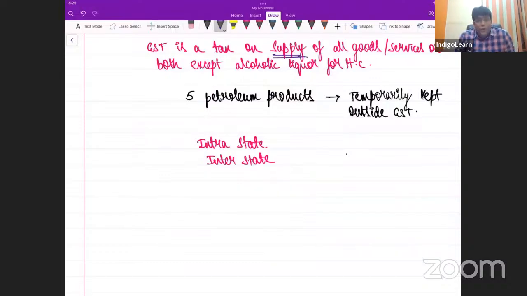So it is important to know the meaning of this word called supply. In fact, we have one separate chapter altogether, the second chapter, which only deals with the concept of supply. You have to understand how much depth is involved in it. Are we clear with this?